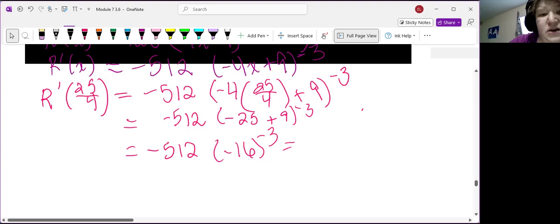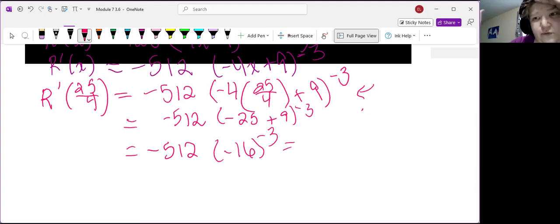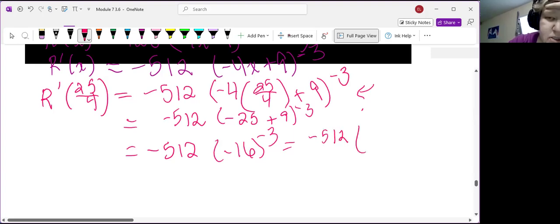Honestly, even at this point, it's all numbers. Type it on the calculator, enter, fraction, enter. Poof, what's my answer? I'm just running through it because my calculator doesn't do fractions. So negative 512 times 1 over negative 16 to the third. This will be negative, so we're going to end up with a positive number.